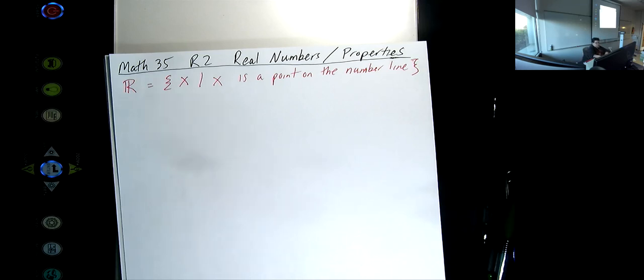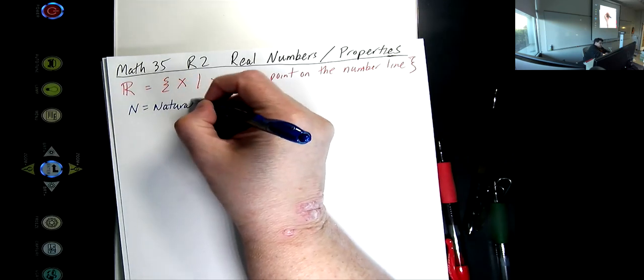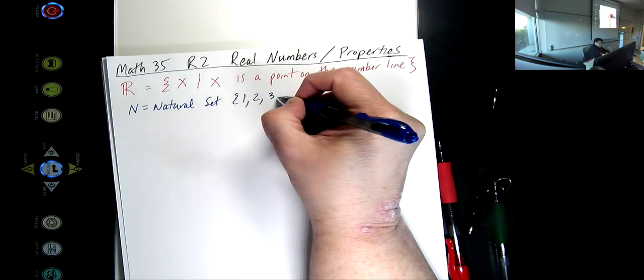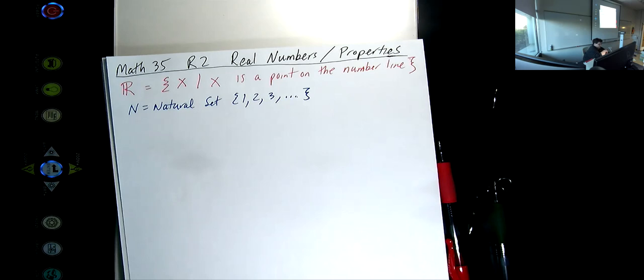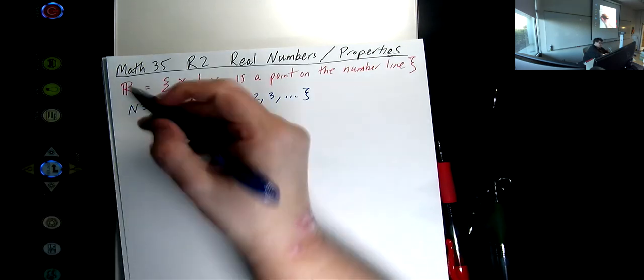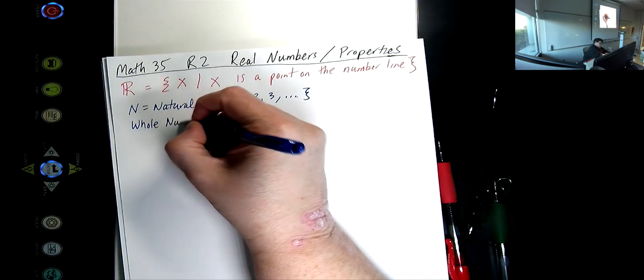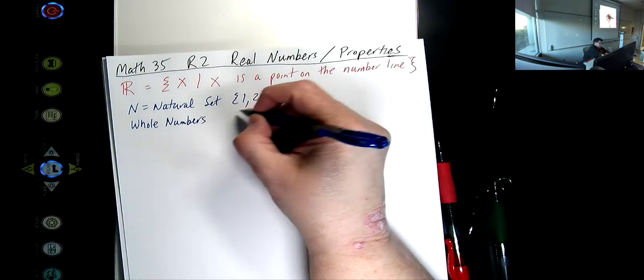So other major sets of numbers: we already talked about N. N is the natural set. It's 1, 2, 3, and keep going. The whole numbers are almost exactly N, except they have one more value.